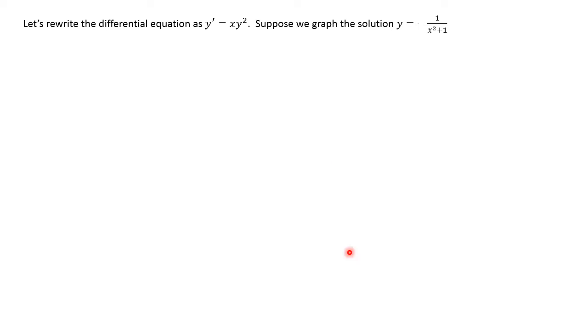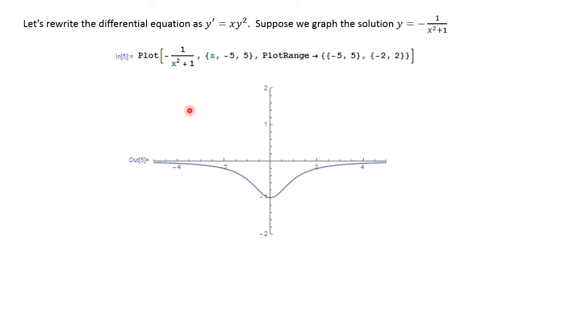Now, if we rewrite the differential equation, we put the y prime on the left-hand side and the xy squared on the right-hand side. And then suppose we go ahead and graph this solution, negative 1 over x squared plus 1. It's a bell curve looking thing, upside down because of the minus sign.